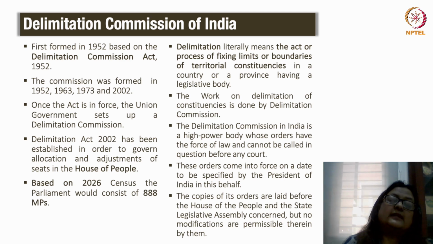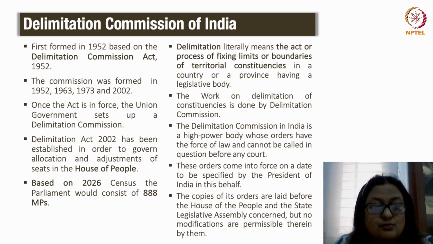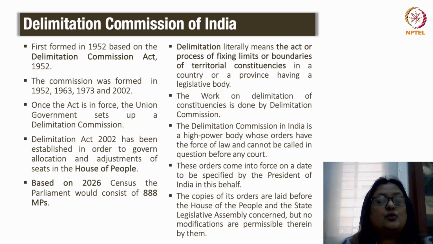The latest Delimitation Commission was in 2002 and the seats were allocated as 550 constituencies. Now, if it is based on the 2026 census, the Parliament would consist of 888 MPs based on the new census.